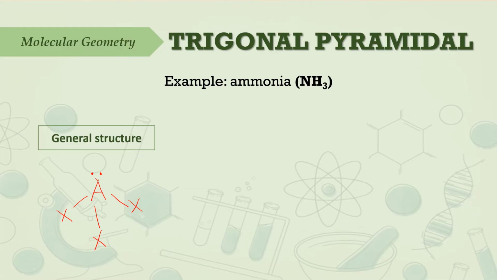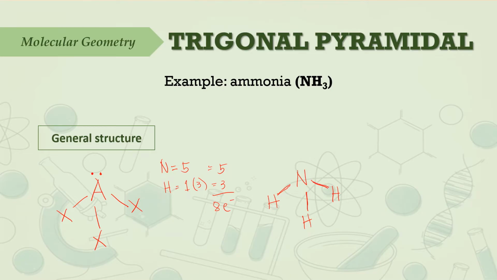Nitrogen belongs to group 5 and hydrogen belongs to group 1, times 3 of it. So we have 5, 3, the total electrons is 8. If we are going now to draw the Lewis structure for NH3, N is the central atom, then we have H, H, and another H. If you count now, we have 2, 4, 6.